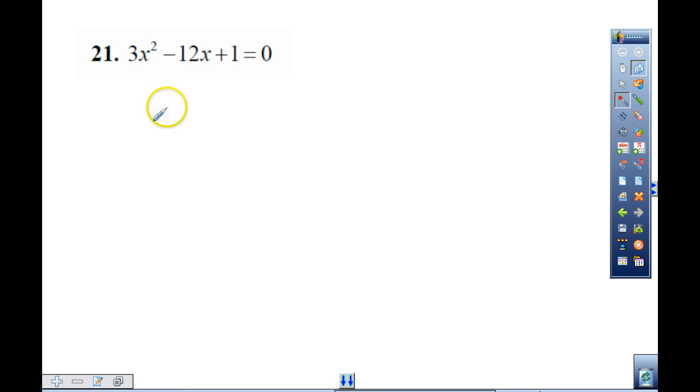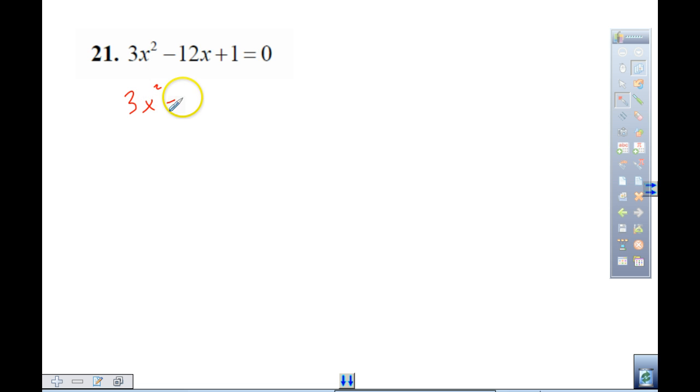Okay, so let's see here. Let's do completing the square. Okay, well, that's the first step. Okay, a couple ways of doing this. Yeah, let's factor. Let's move this one out of the way.